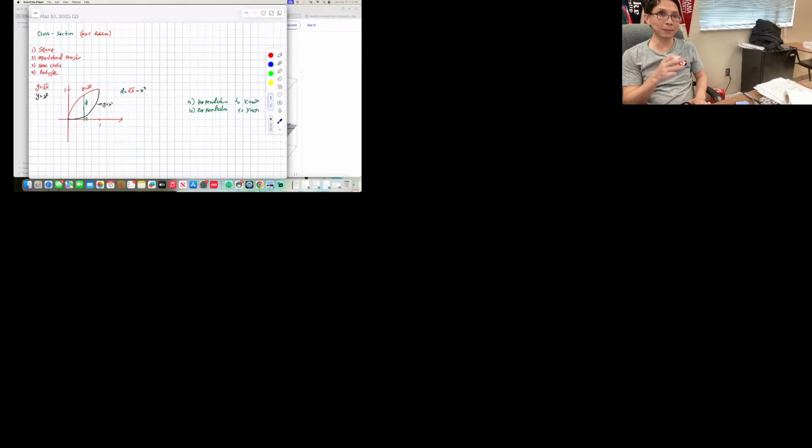So you've got two different types. In this case, it's perpendicular to what? It's the x-axis. It's perpendicular to the x-axis. Now, sometimes you will find the distance between here and here that's perpendicular to the y-axis. That's something that you have to check when you read a question. Are they perpendicular to the x-axis or the y-axis? So there are two different types of perpendicular. You have cross sections perpendicular to the x-axis or cross sections perpendicular to the y-axis.